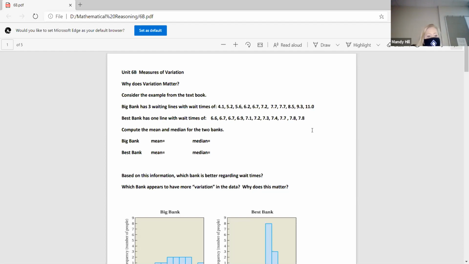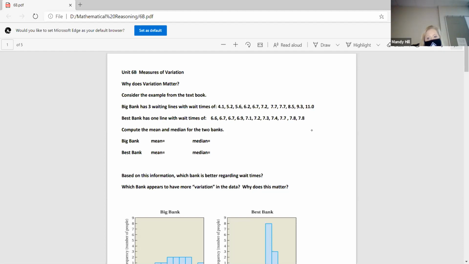It asks you to compute the mean and the median for both Best Bank and Big Bank. The way that you compute the mean is you add up all of these entries, 4.1 plus 5.2 plus 5.6, you get a total, and you divide by how many things there are, okay? And the way that you get the median is you find the number that is in the middle.